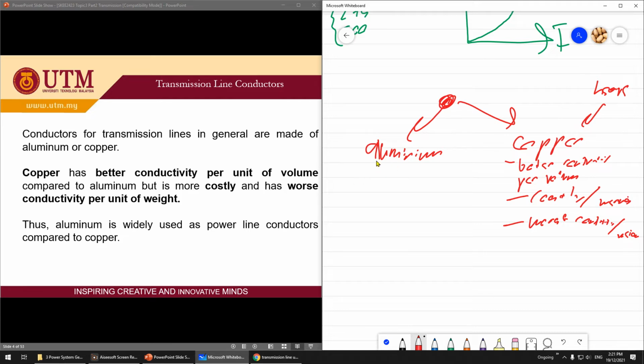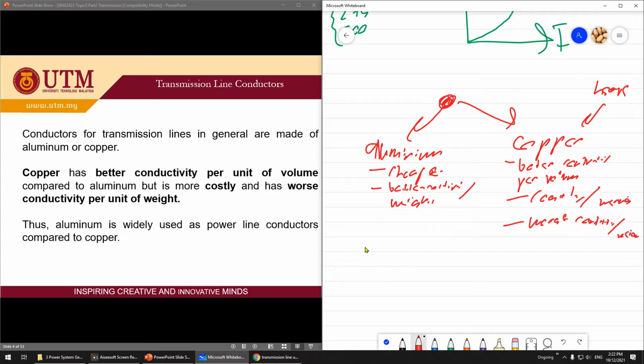So the most common one is aluminium, because it is cheaper and has better conductivity per weight. Make sure you know the conductors of the transmission line.